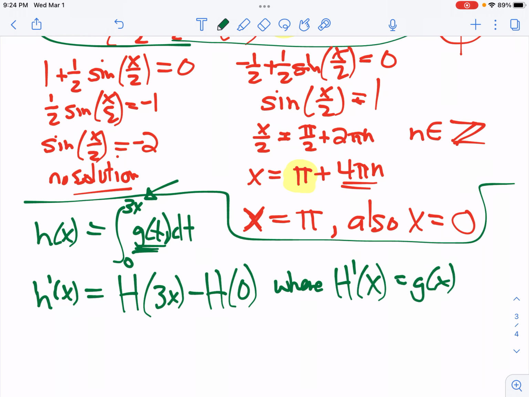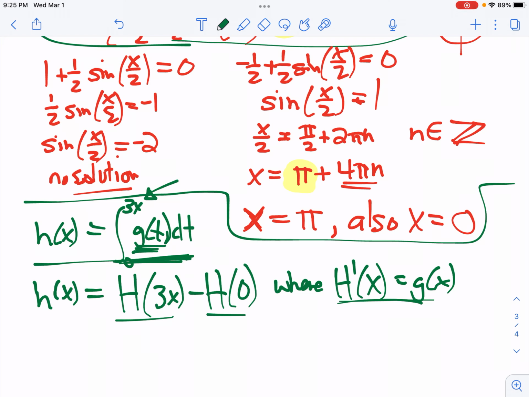I'm just defining a new antiderivative. Okay, sorry, I need to back up here. I'm going to just rewrite this function as, now using the fundamental theorem of calculus, a difference of antiderivatives.